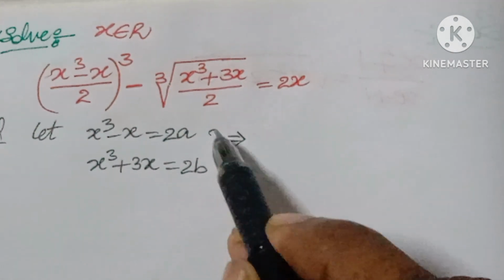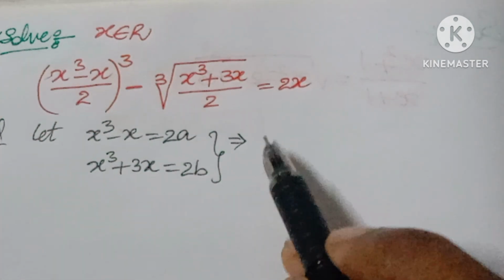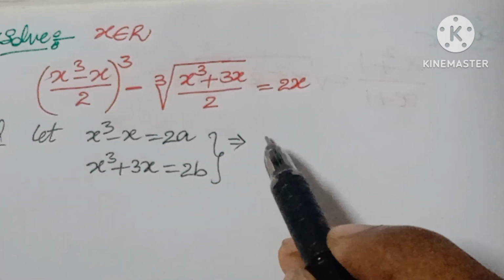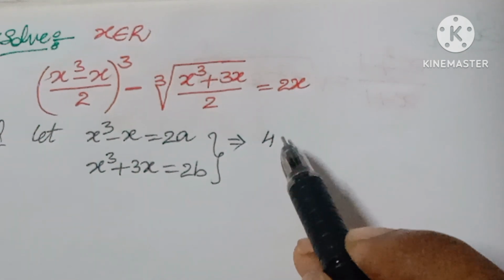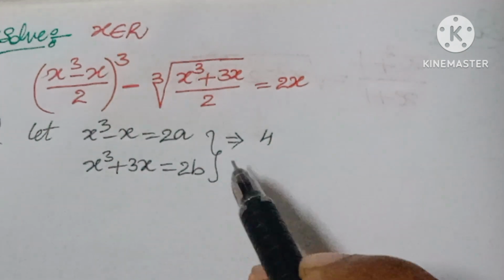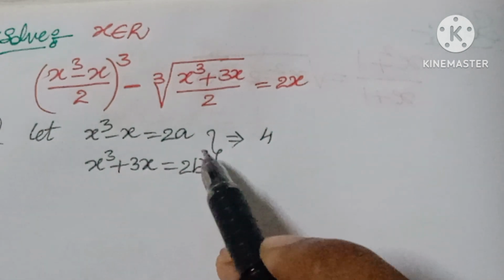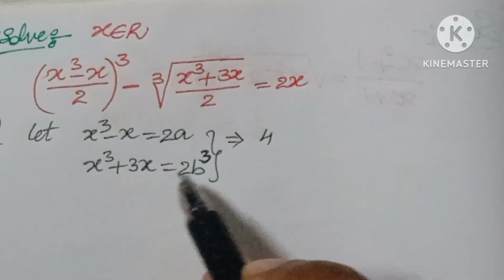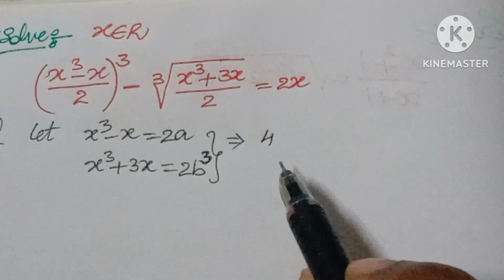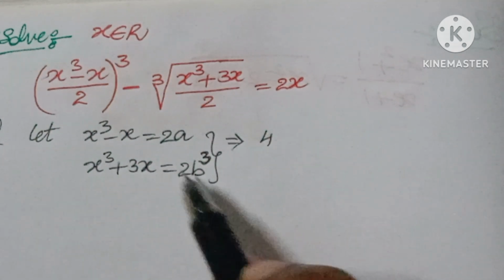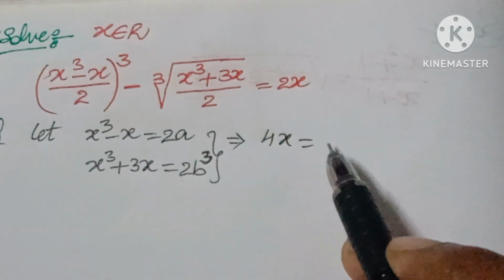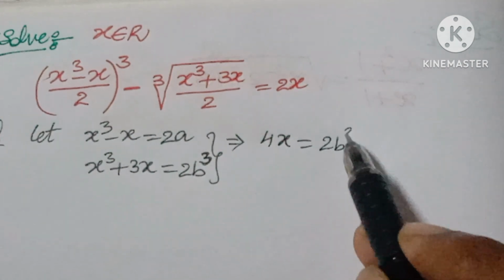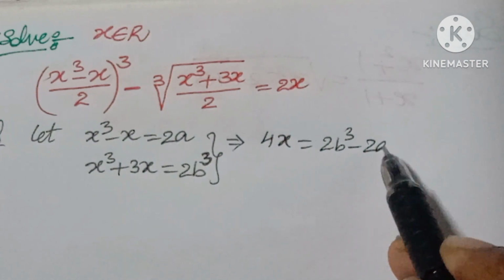Now if you subtract these two, what will we get? x cubed plus 3x is equal to 2b cubed. If you subtract the second one from the first one, 4x is equal to 2b cubed minus 2a.